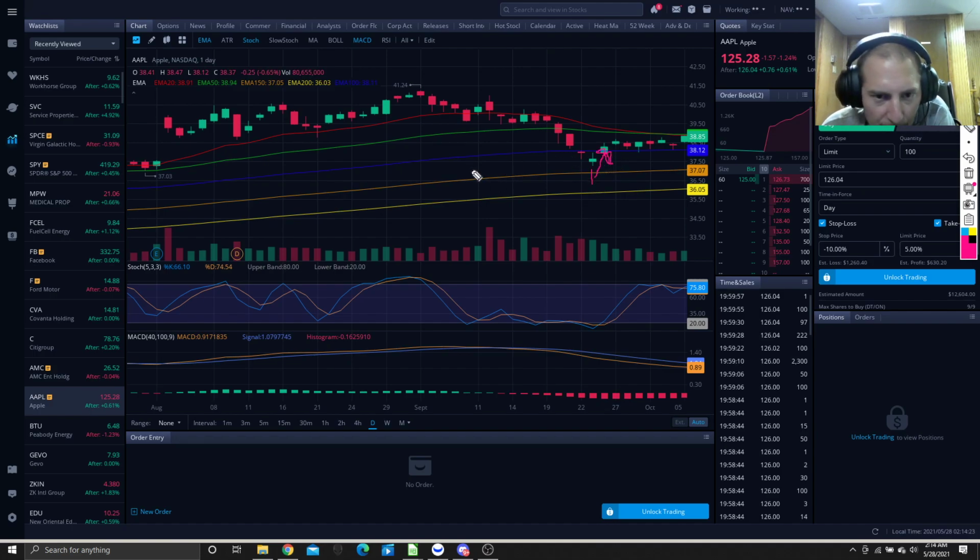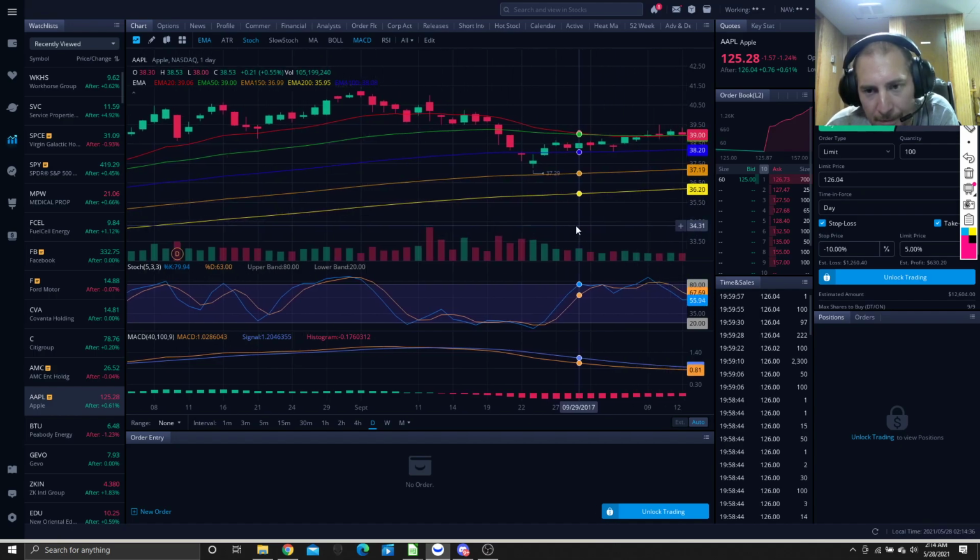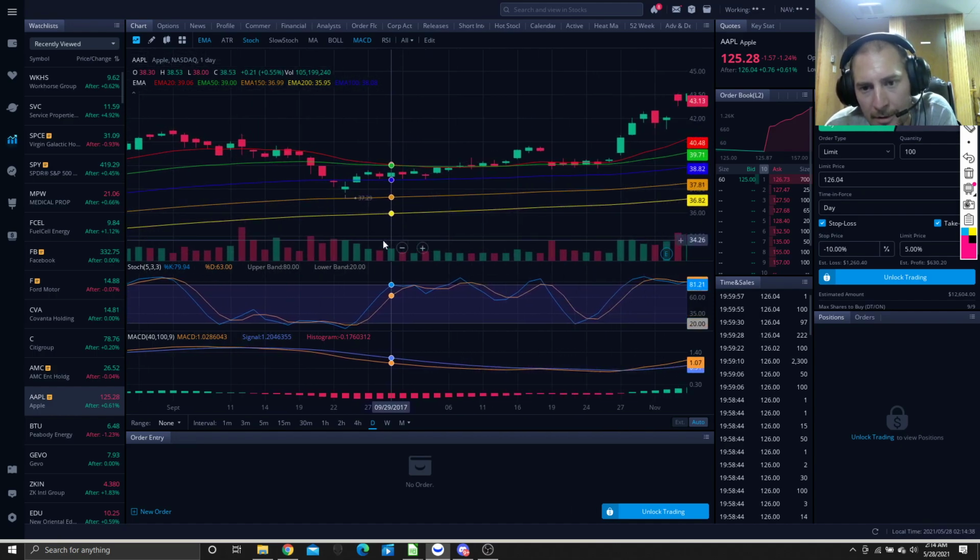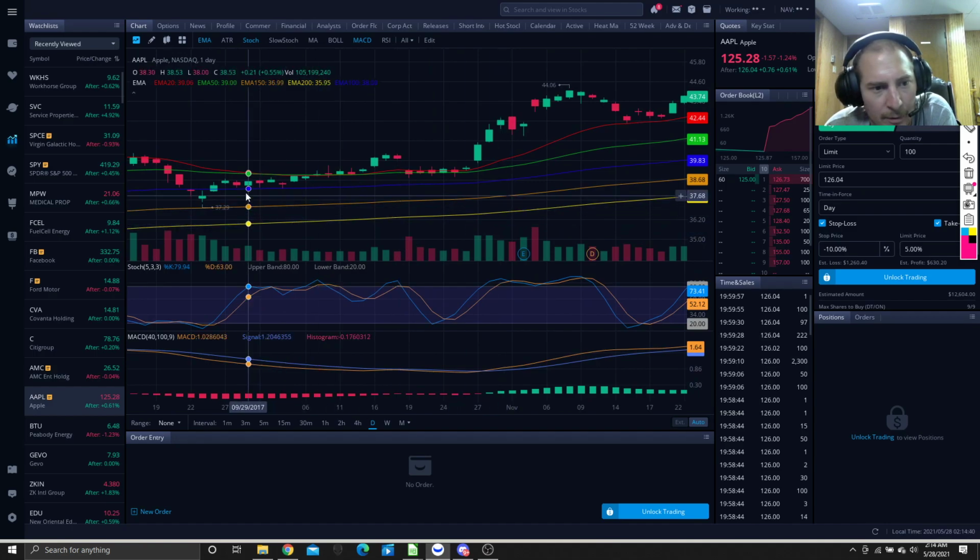Remember, we want to see candles move down below the average and then candles move back up and reject from that area. And it's not quite doing that here, so we really want to take only the very highest probability setups. So we're still looking. Of course, if you had went ahead and taken that trade, it would have won also.